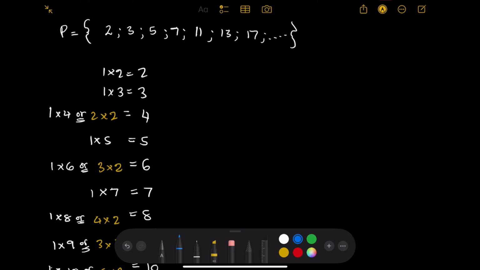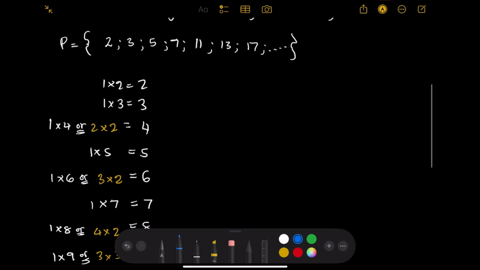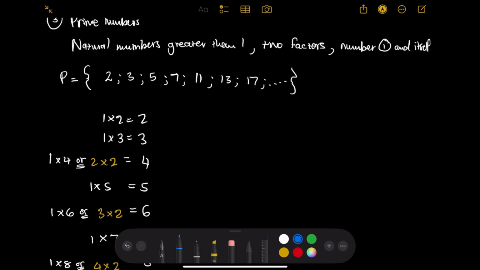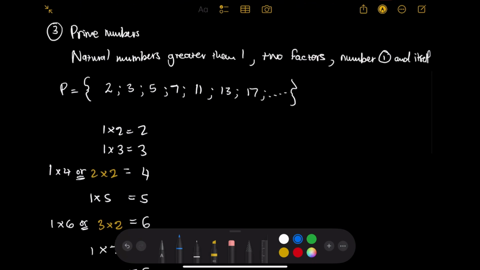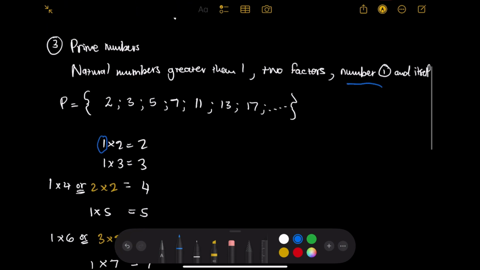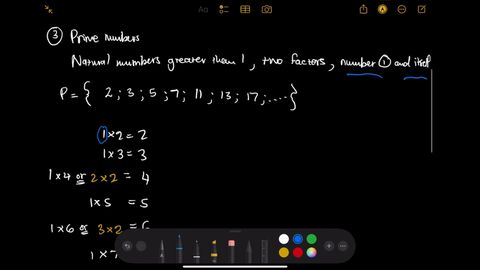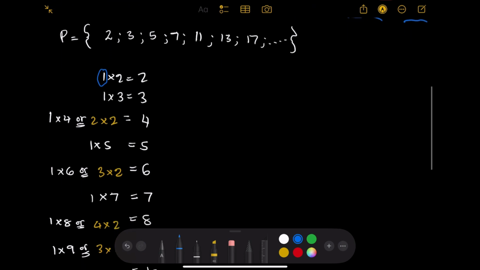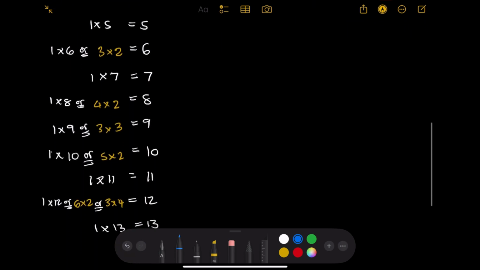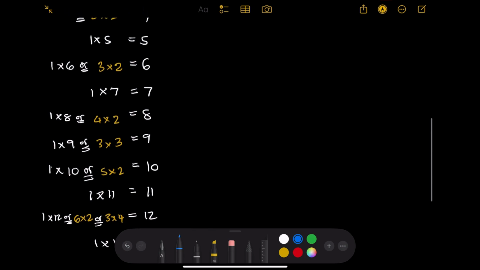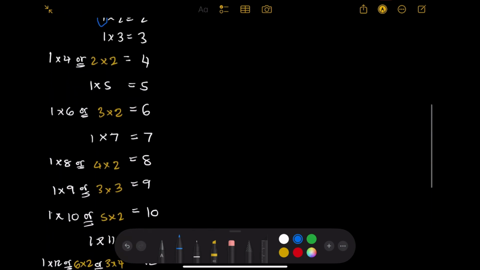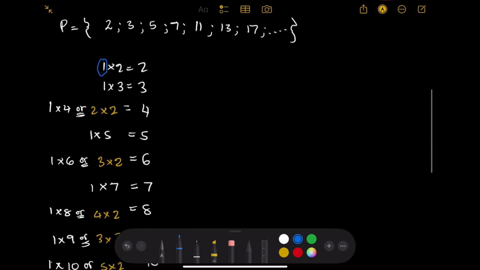And we can identify and see that the instances where a specific number can only have two factors, meaning only the number one and itself can give me that specific number. Then when we think about 2, 3, 5, 7, 11, 13, we can do this trend on and on.